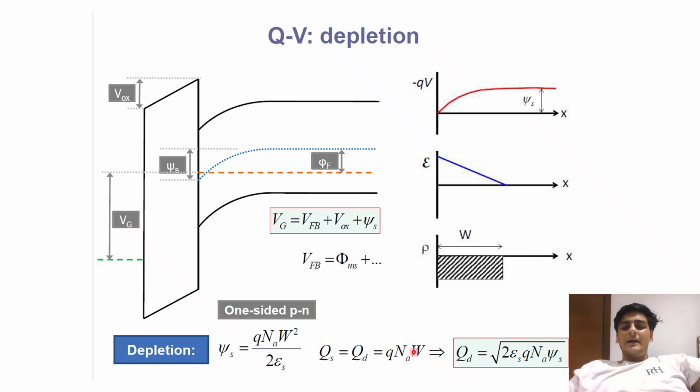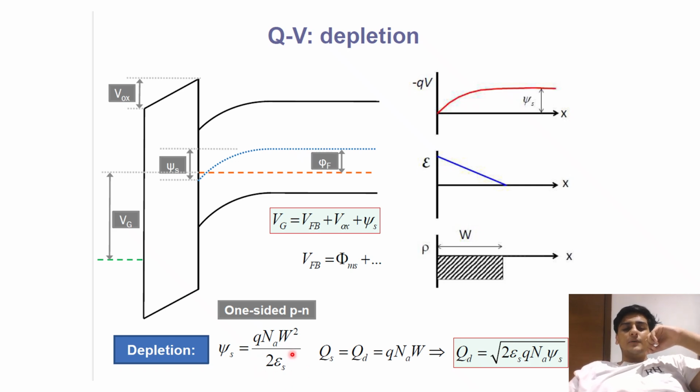Each individual ion per unit volume contributes, these are the number of ions per unit volume. This is how much charge each individual ion contributes, and this is the length. So the product of the three cumulatively is going to give you the total charge per unit area, which is the calculation we wanted to do for this depletion region.